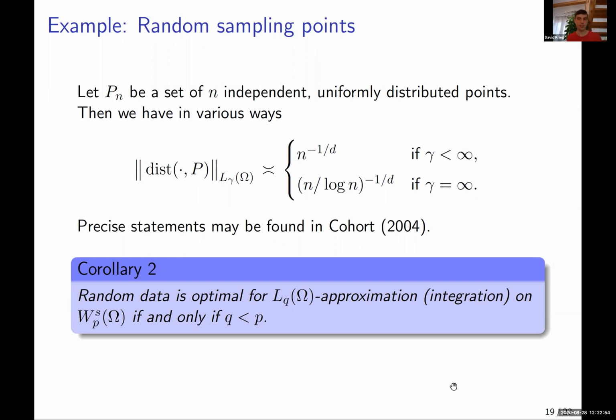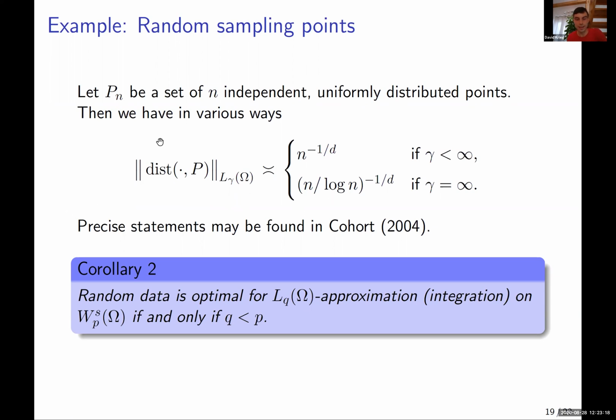And this is actually already well studied. It's known that this L gamma norm of the distance function of the random point set Pn behaves like n to the minus 1 over d, so optimally, for all gamma less than infinity, and only for gamma equals infinity do we lose a logarithmic factor.